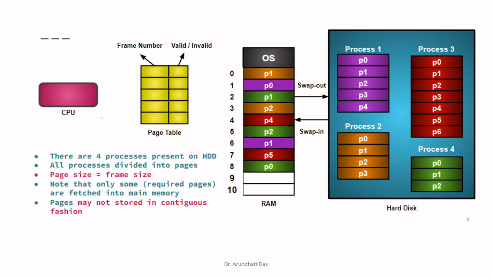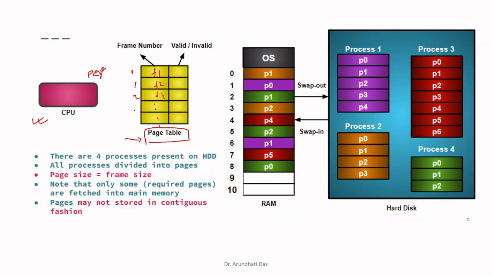We will see this elaborately here. Look at this particular diagram. There is my CPU, and whenever the CPU requests a particular page, I check in my page table which frame of the main memory, frame number 1, frame number 2, is holding that particular page.